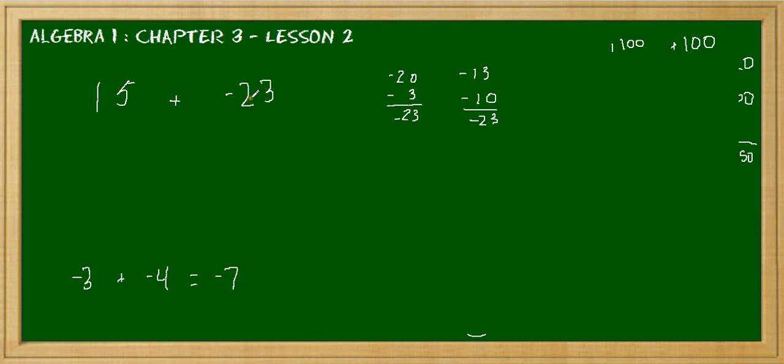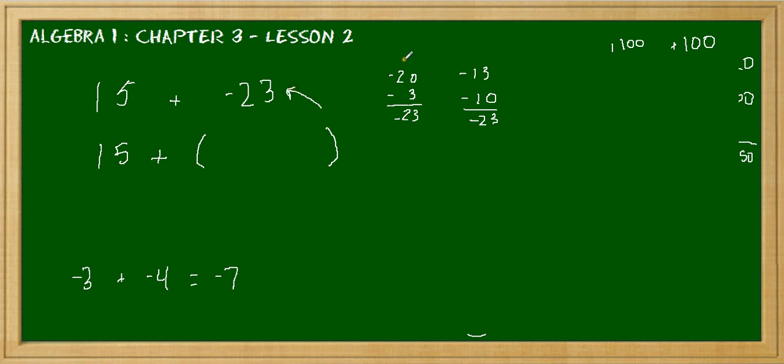Now, what would help me to solve this? Well, what we learned in the beginning is that when you had two numbers that were opposites, they cancel out and make it a 0. Well, that's what we're going to try to do here. How can we change this so that I can cancel out the positive here, and whatever I'm left over with will be my answer? So why don't we go ahead and write this as they show us as saying, well, 15 plus, now I'm going to put my parentheses, all right, which means that this is all going to be one value, and that value is going to be right here, the -23.